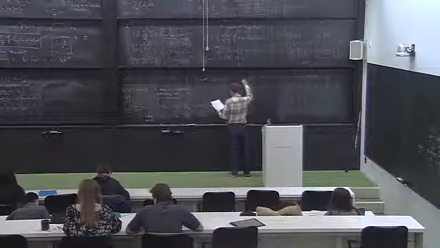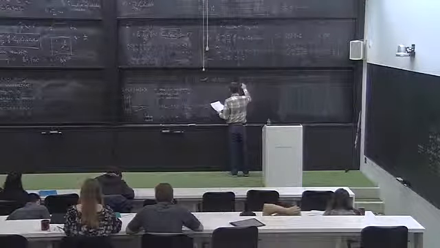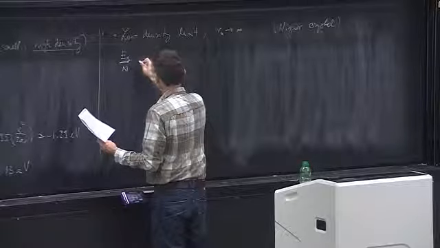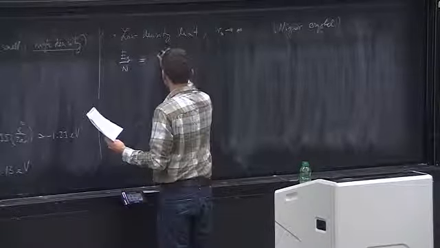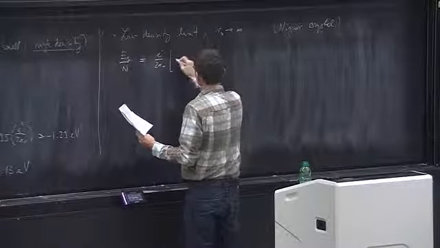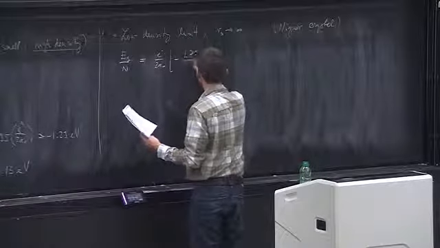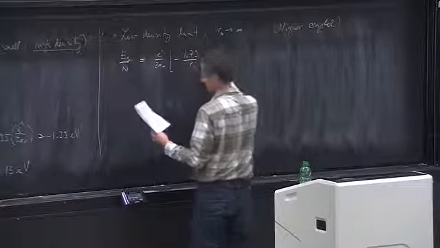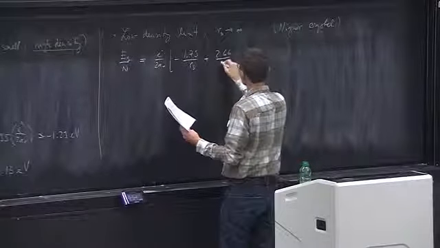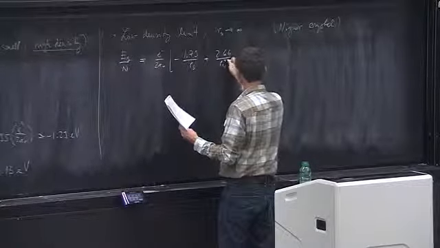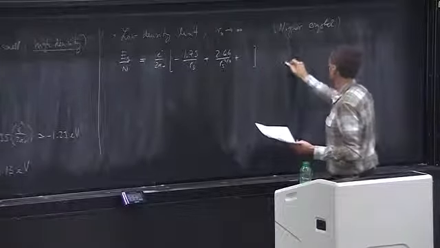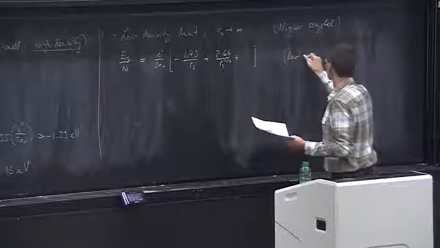And in that case, you can do this expansion from the other side, and it looks like this, e squared over 2a0. So this is low density.